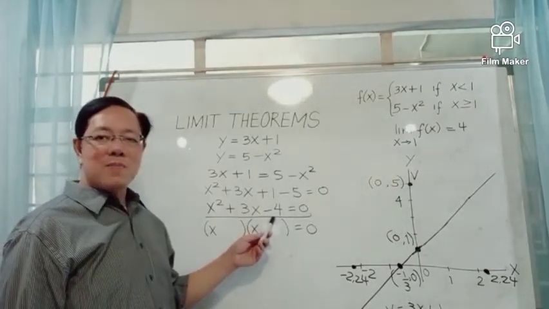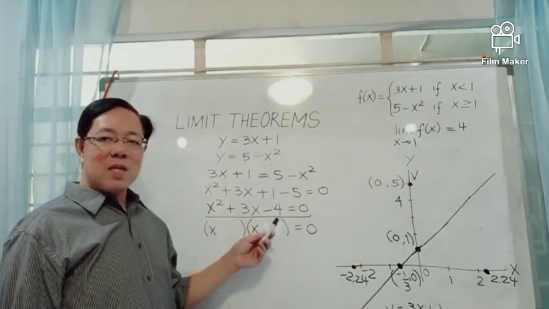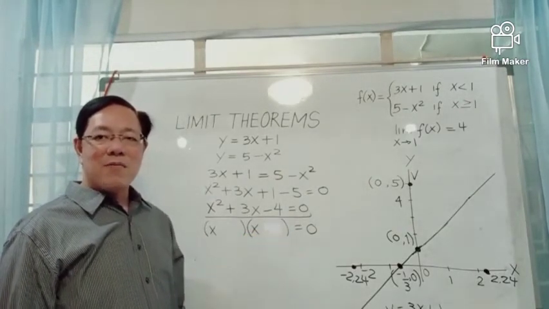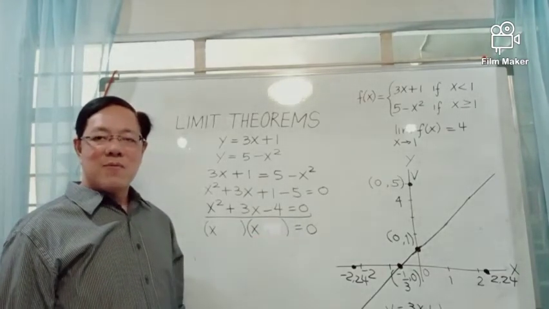Negative 4 has many possible factors. One set of factors for negative 4 are negative 4 and positive 1. And another set of factors for negative 4 are positive 4 and negative 1.